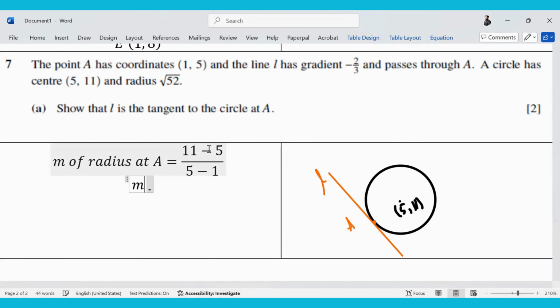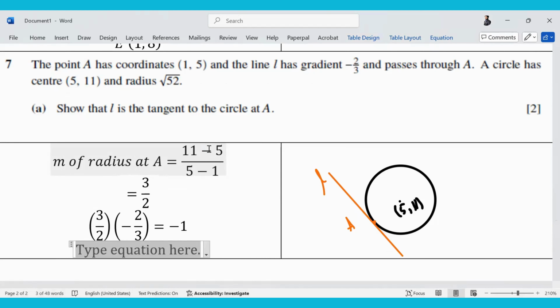What is the gradient? 3/2. I know the gradient of the tangent is -2/3, so 3/2 times -2/3 is equal to -1.